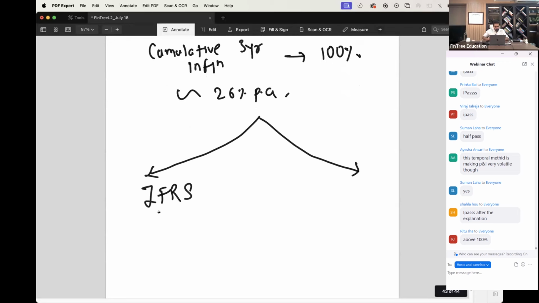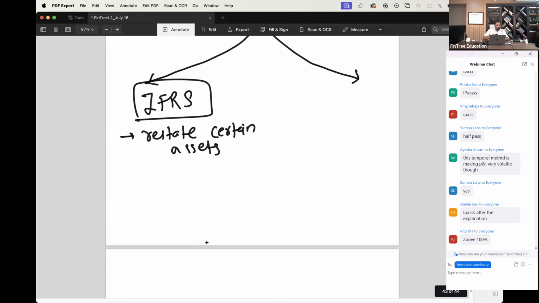IFRS says, okay, if you're in hyperinflation, then restate certain assets. Restate means what? Restate means just increase the value of the asset so that you're capturing that inflation in the value of asset, and then use current method. So change the value of the asset, then use current method.